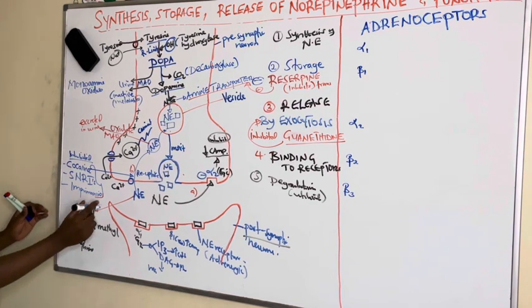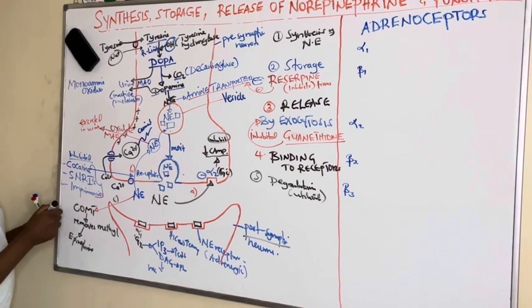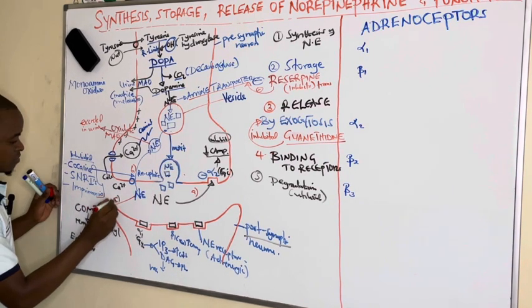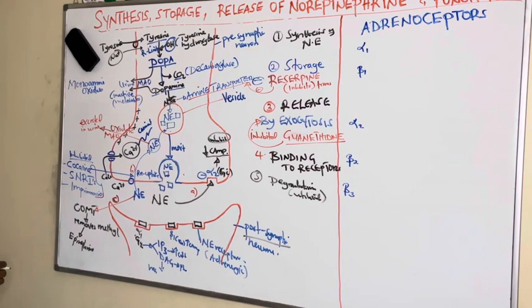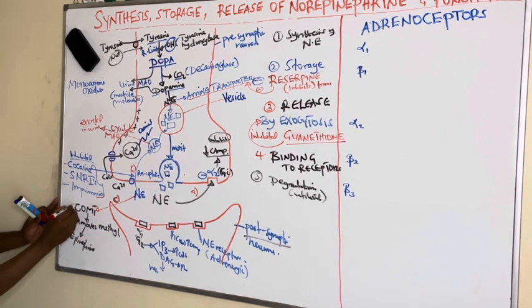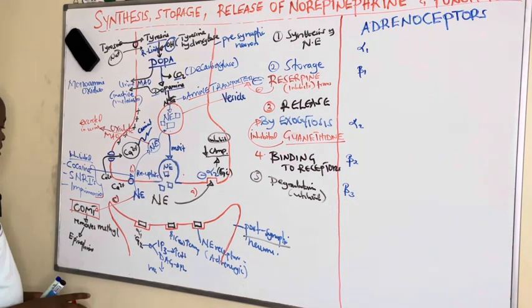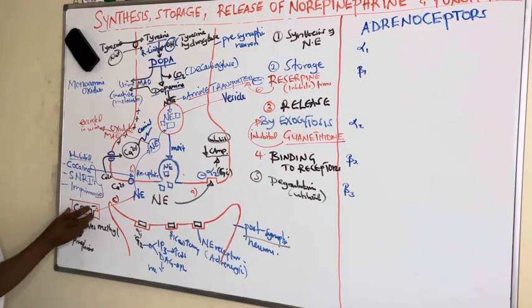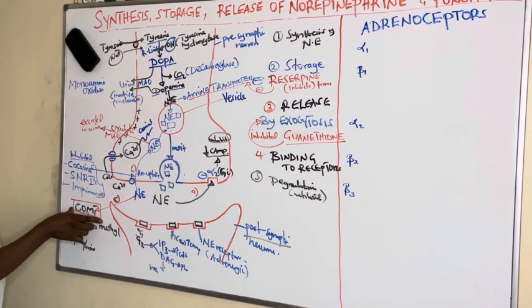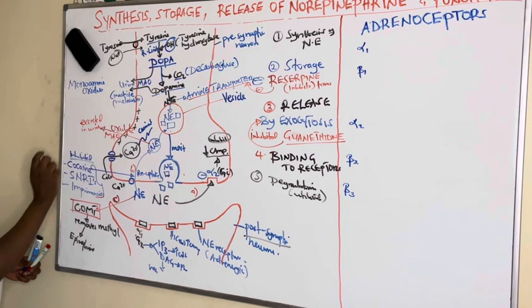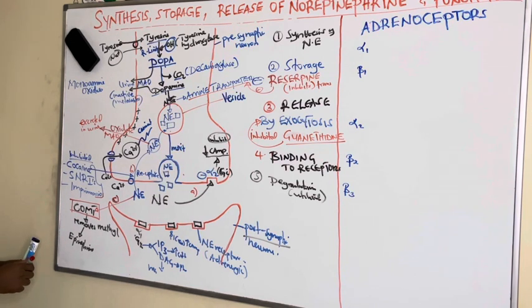So this is another way, which is C. We can reutilize this norepinephrine by COMT, which is responsible for removing a methyl group from norepinephrine to form epinephrine. And we shall see different drugs which target COMT and those that target or inhibit MAO. We shall see them as we move on.